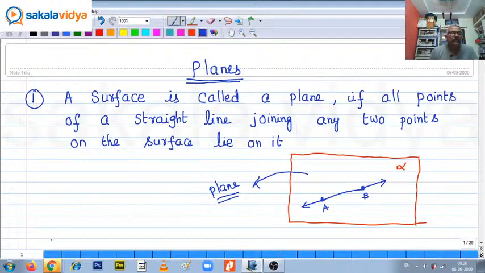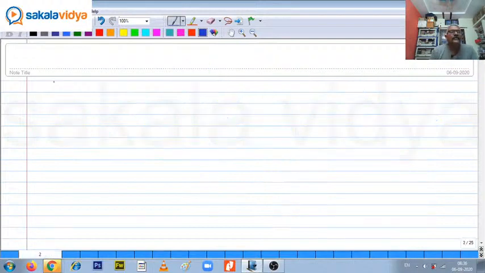So now, second point. In the last class we discussed the vector equation of a straight line. Similarly, there is a vector equation of a plane also. But now we are dealing with the Cartesian equation of a plane and its properties, which we are going to talk about in today's session.